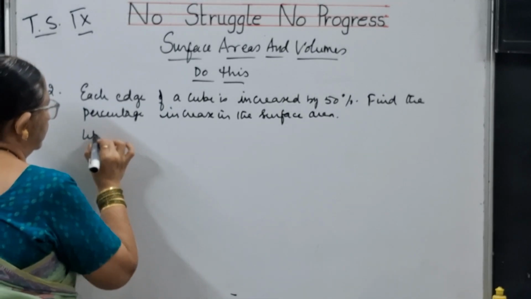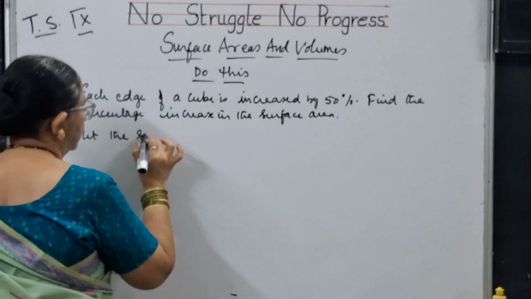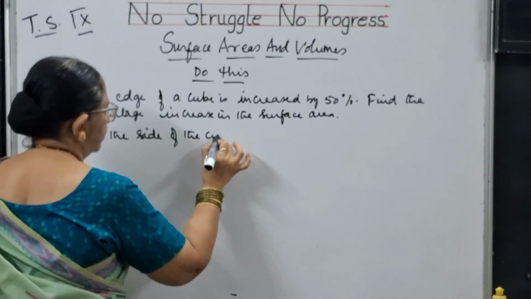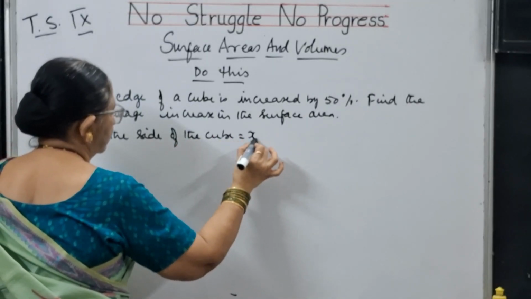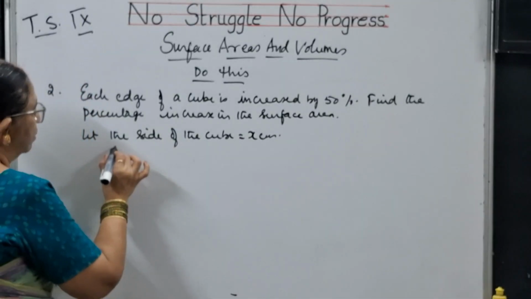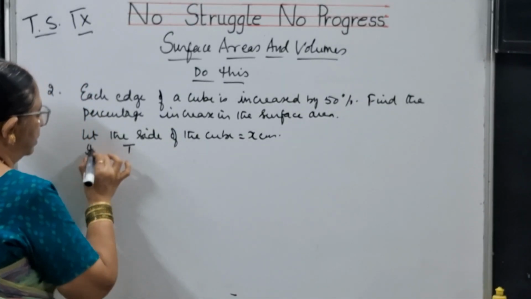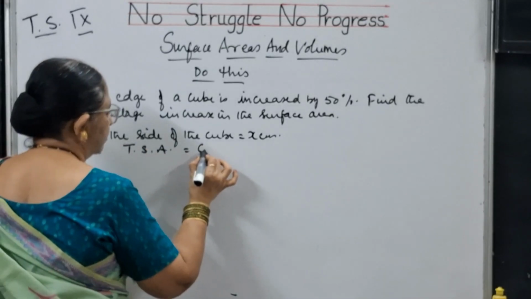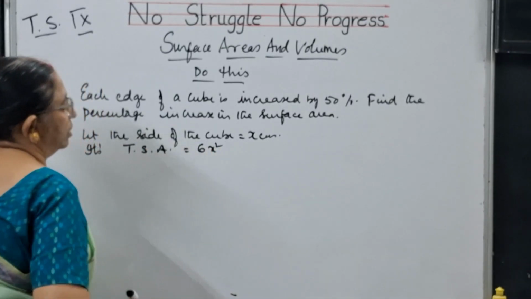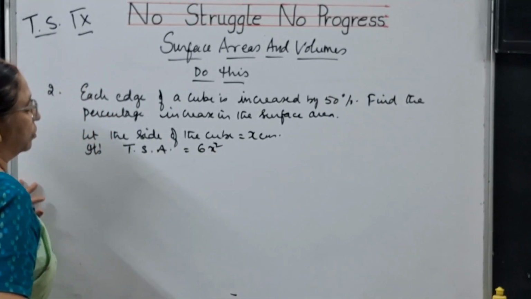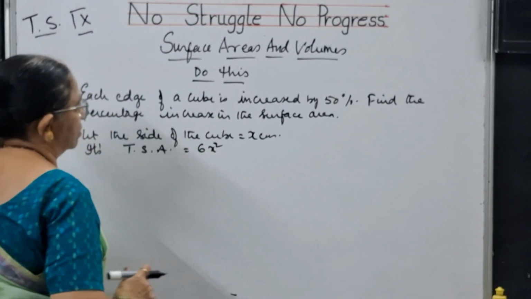So let the side of the cube be x centimeters. If it is x centimeters, what is its TSA? Its total surface area is equal to 6x square. This is the formula for total surface area.